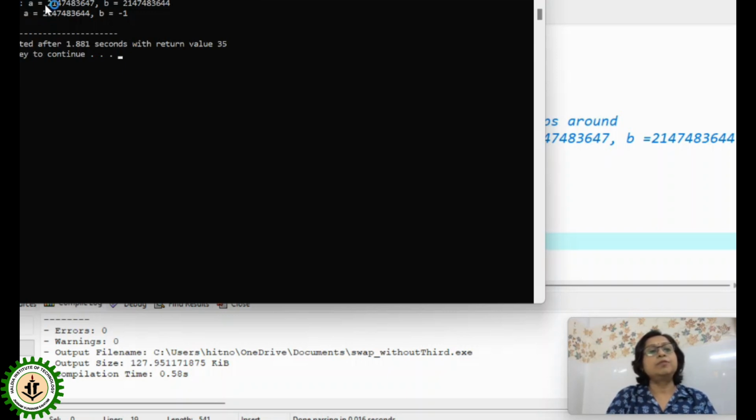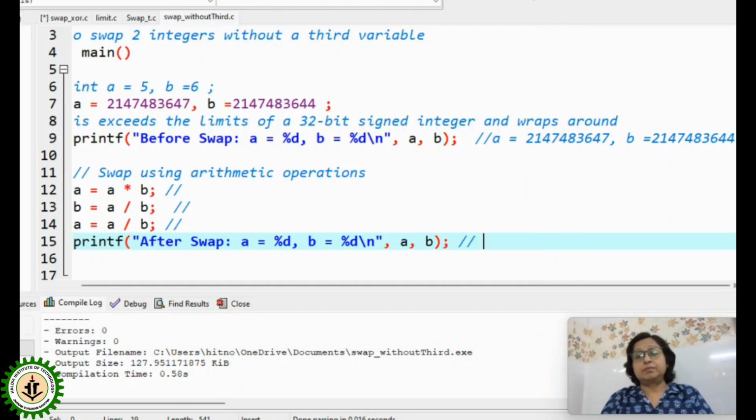Please look. Before swap, as it was, we have given the numbers like this. It is okay. But after swap, see, the values are not okay. Somehow B is having -1. So that means what we gave as input is not coming. Now why is it not coming? What is the reason?